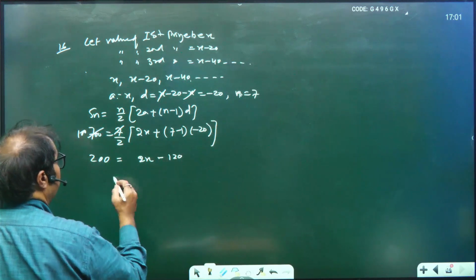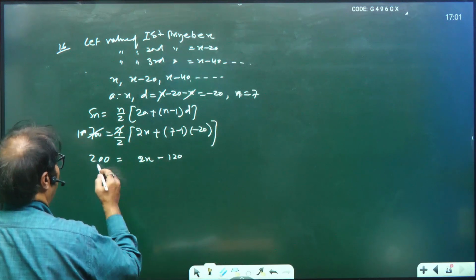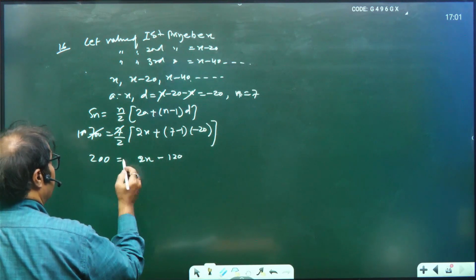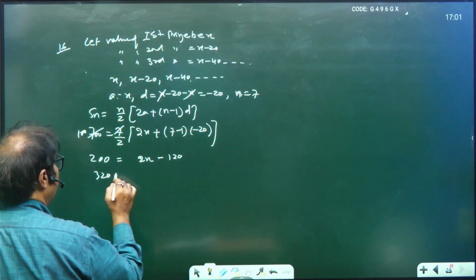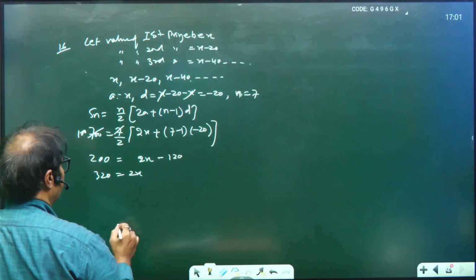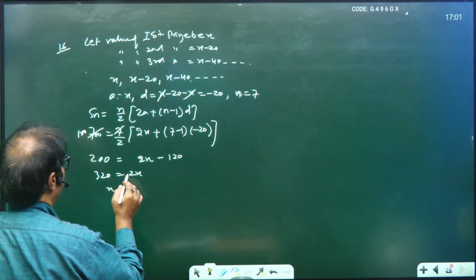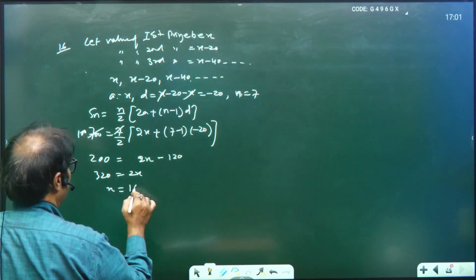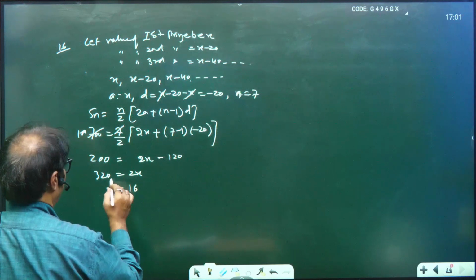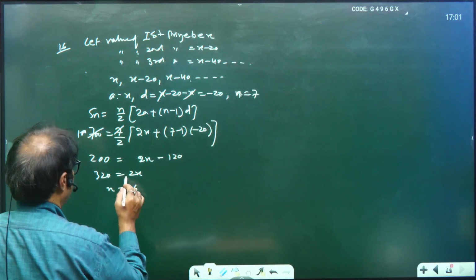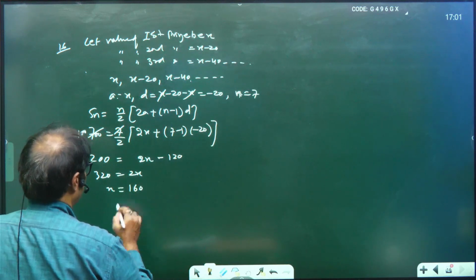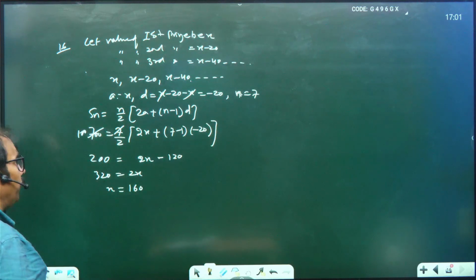So this will be equal to 200 plus 120, that is 320. So that is equal to 2x. So x is equal to how much? 160. This is the value of x.